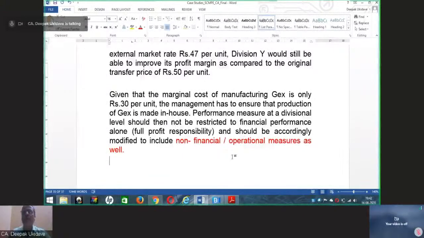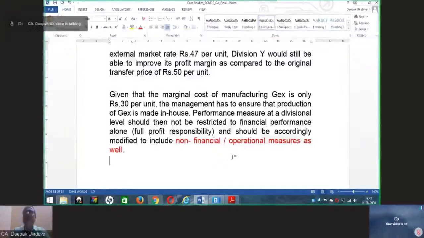But top management should be considerate enough. Top management should consider all these points and should incorporate or rope in some non-financial performance measures or some other factors, operational measures, or should take into account the kindness on the part of division X manager. How kind is division X manager that he is supplying to division Y at 46 rupees?